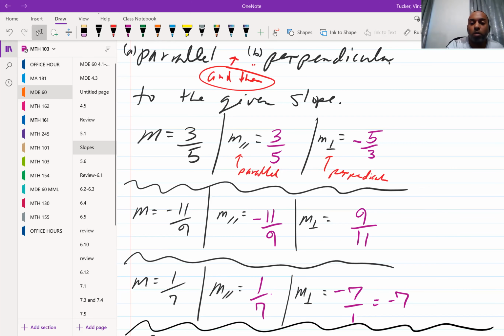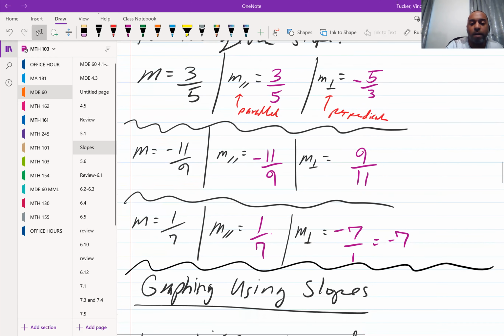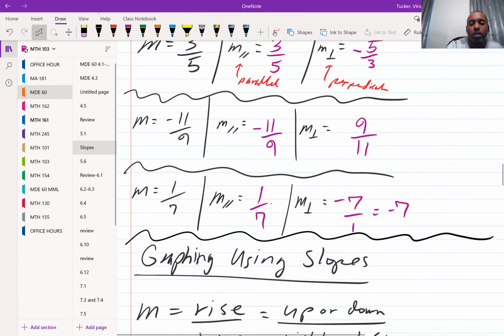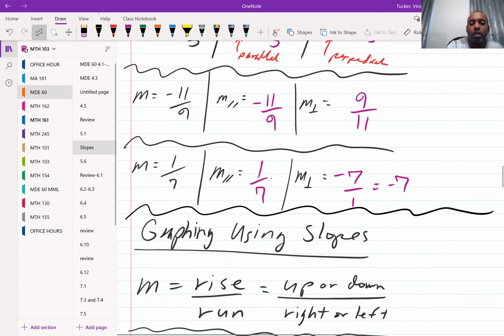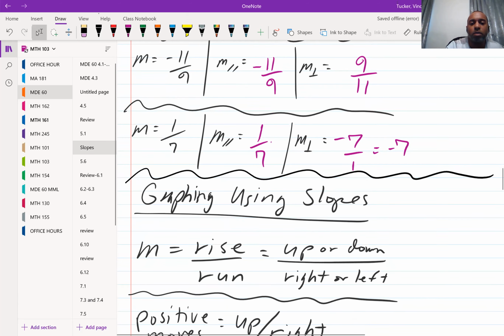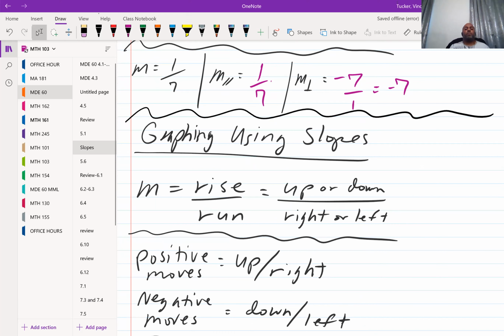All right, kind of scroll up. Now we're about to get to graphing using the slope. Remember I told you rise over run is going to come up when we start graphing using our slopes. Your slope is actually going to be a set of directions.